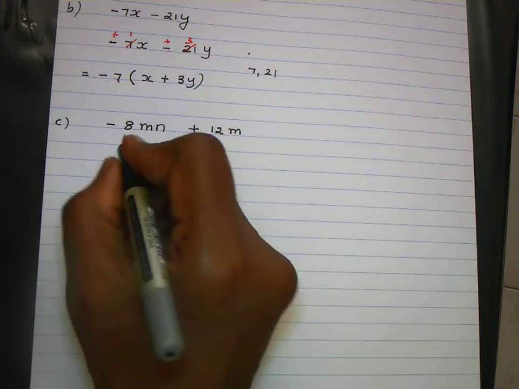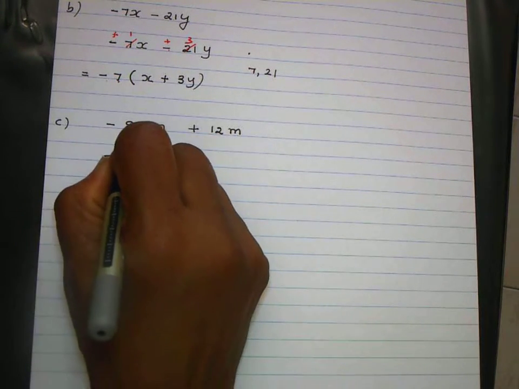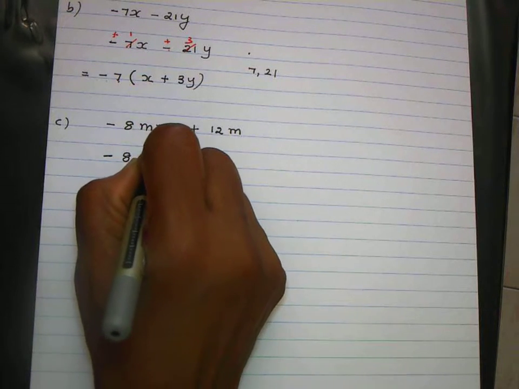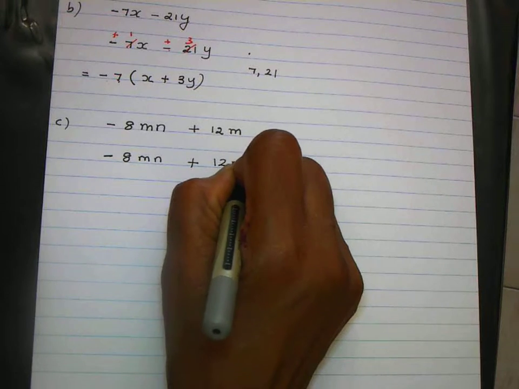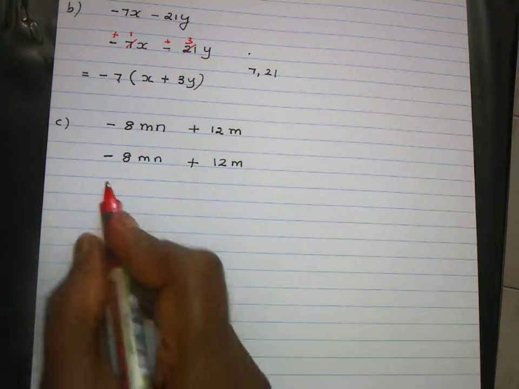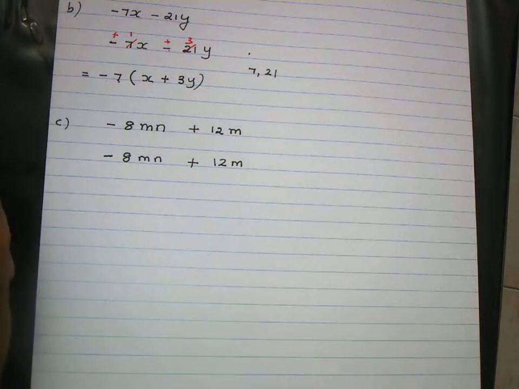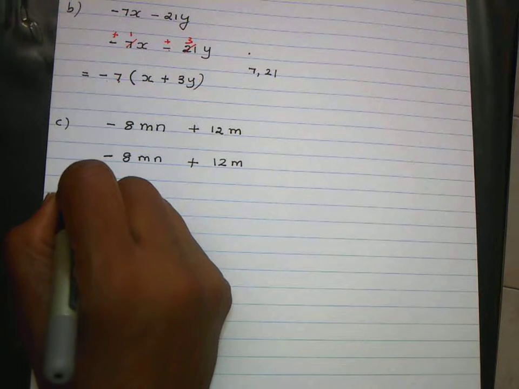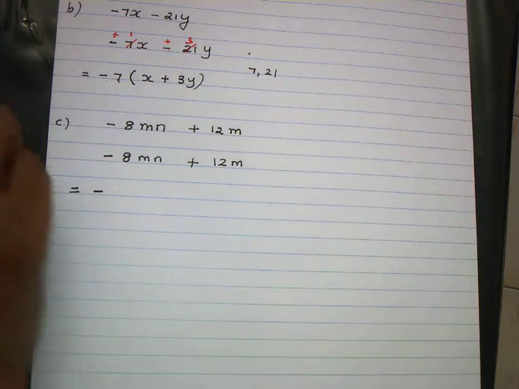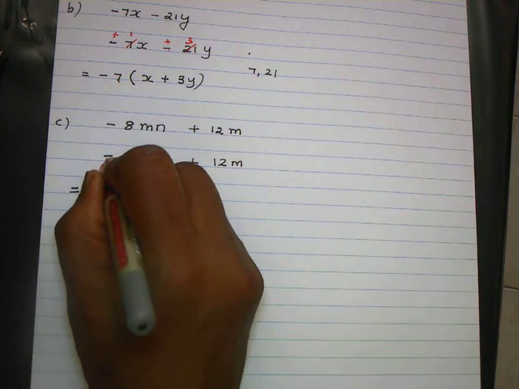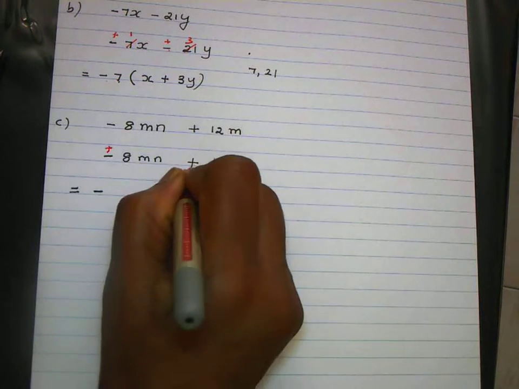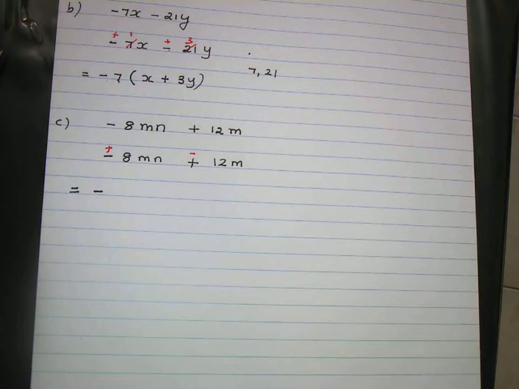I'm going to rewrite the question again, which is minus 8mn plus 12m. Okay, as I told you before, I have to take the minus out. So first thing I have to take the sign, which is minus, out, because the first term has to be positive. If I take minus, this minus becomes plus, this plus becomes negative.